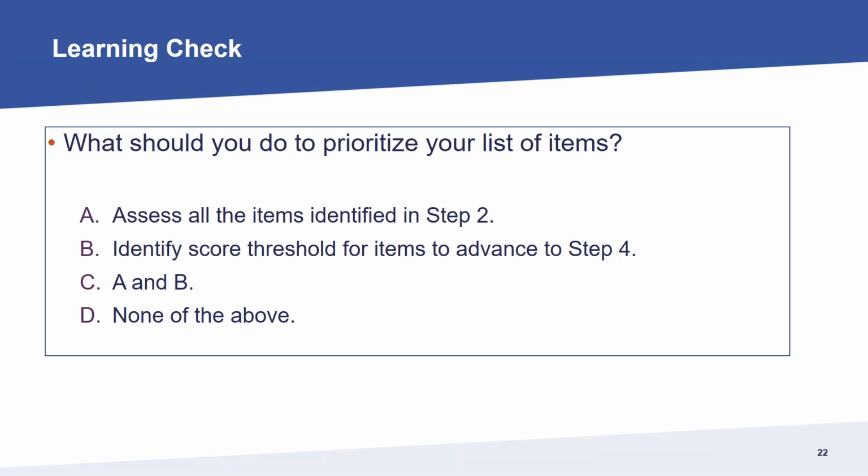So the correct answer is C, both A and B. Assessing the items will help you determine which items are more critical to project success. And also, the performance measurement team should have discussions about the most appropriate threshold for scores that will advance items to the next step.